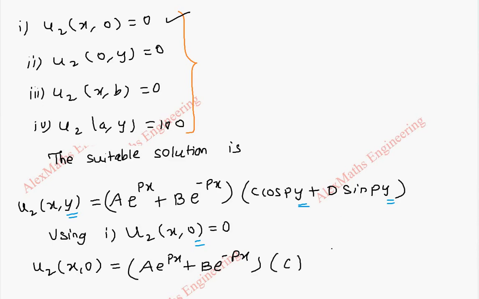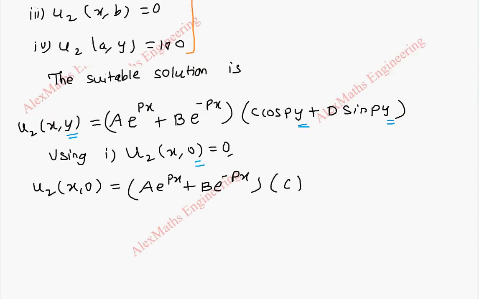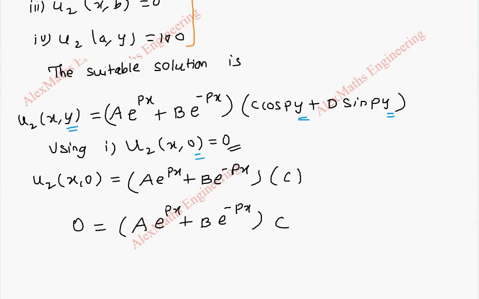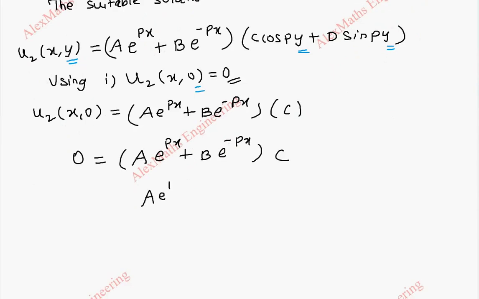So we are left with only c, and this value is 0. So 0 equal to (a e^(px) plus b e^(-px)) into c. And here this term a e^(px) plus b e^(-px) is not equal to 0. Therefore, the only option is that the constant c must be 0.